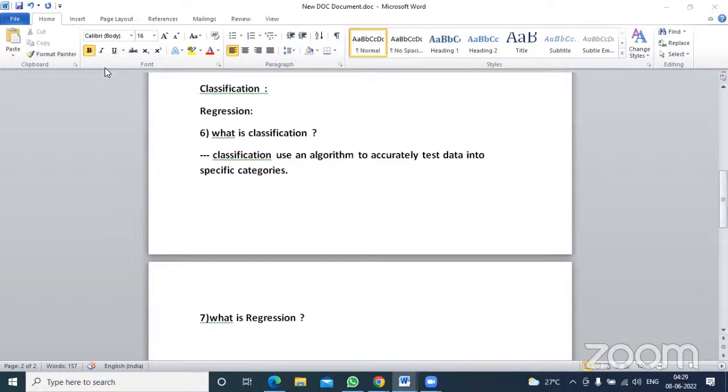Determine the statistical relationship between a dependent variable and one more independent variable. Yes, very good. That is regression.